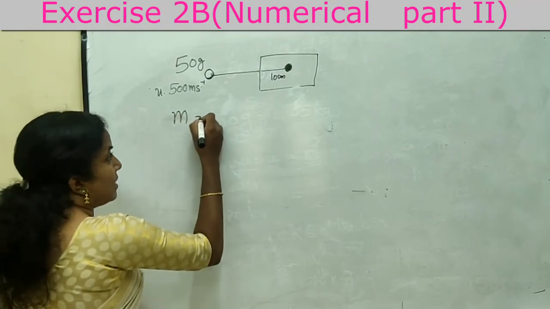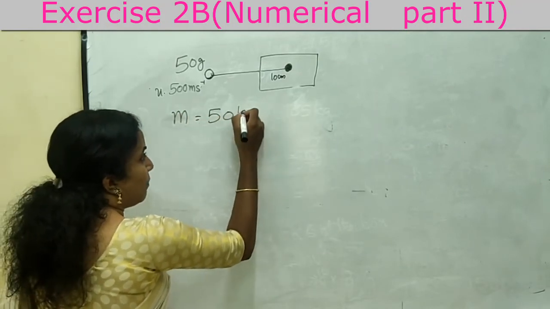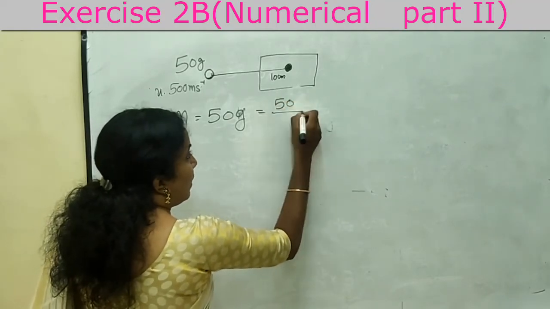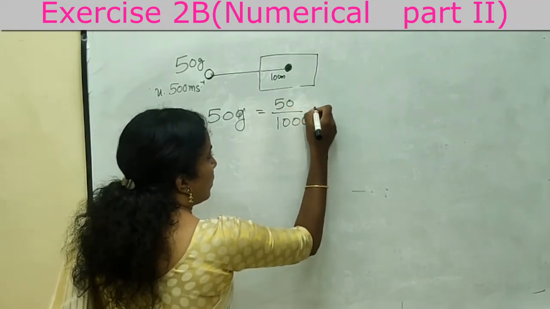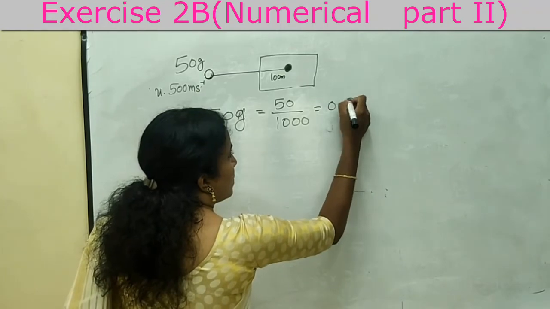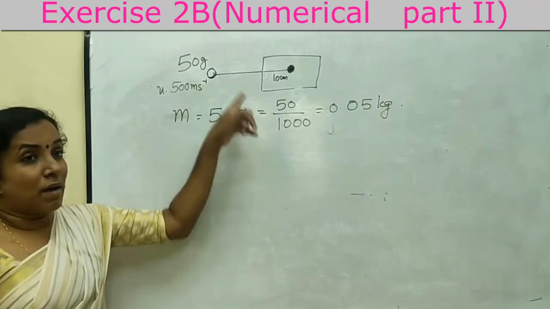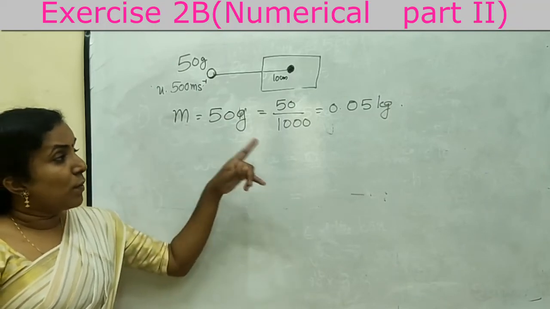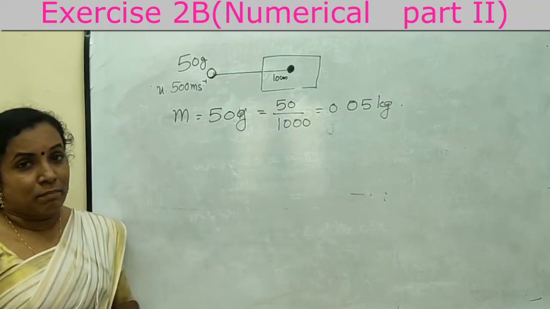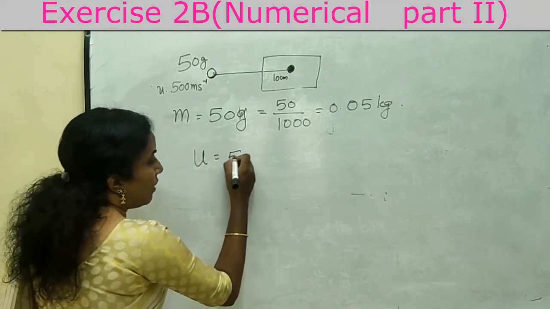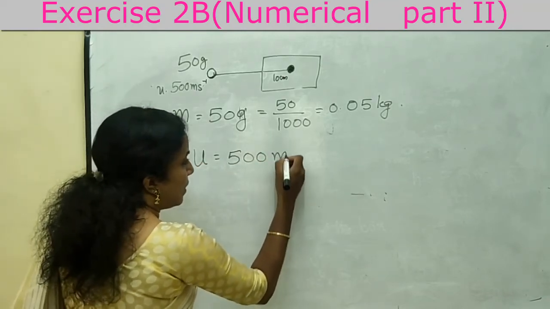Mass of the bullet is 50 gram, or it is 50 by 1000 or 0.05 kilogram. So the bullet was having a mass of 0.05 kilogram.